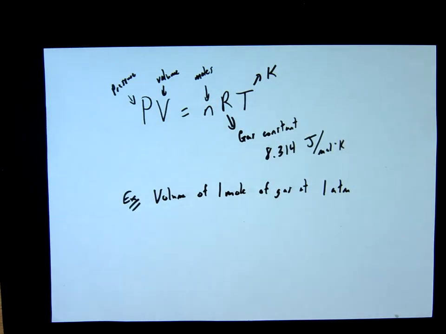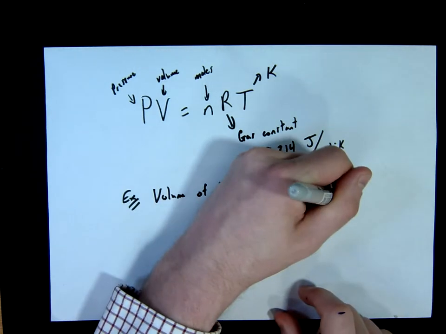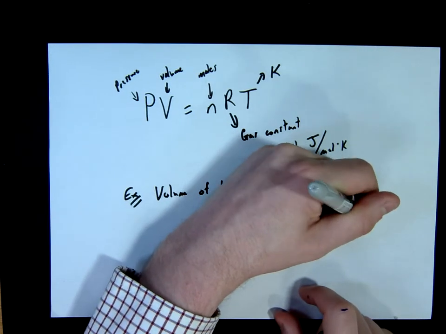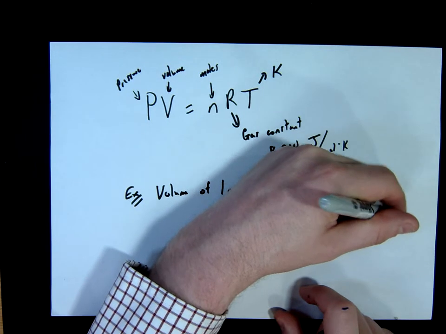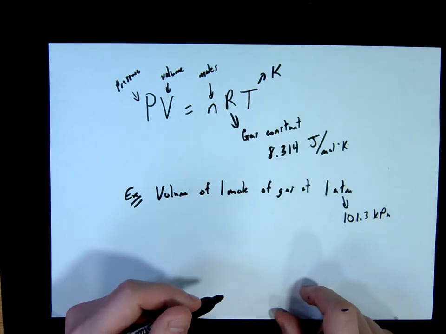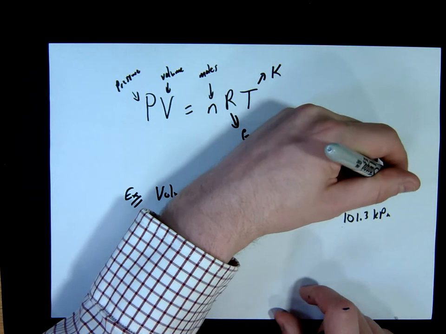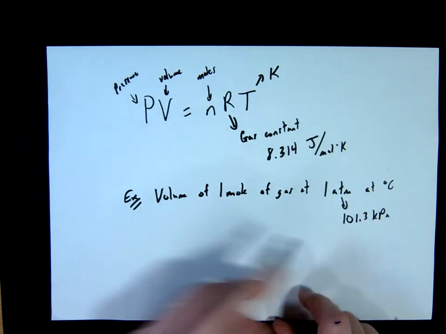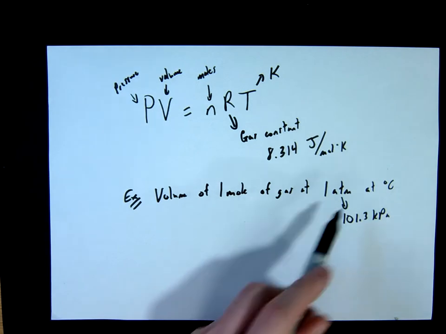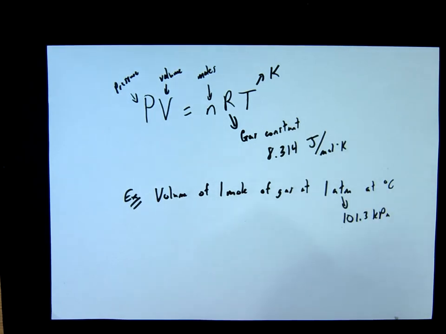For this one, we maybe have to use SI units, so rather than 1 atm, I would convert this into 101.3 kPa. And let's say this is at 0 degrees Celsius. It's kind of a useful thing here. So 1 mole of gas at 1 atm at 0 degrees Celsius.